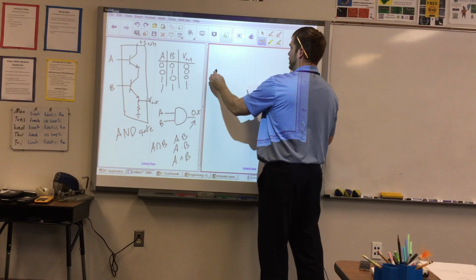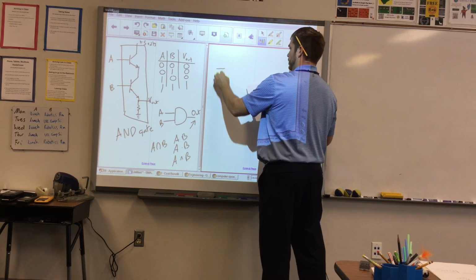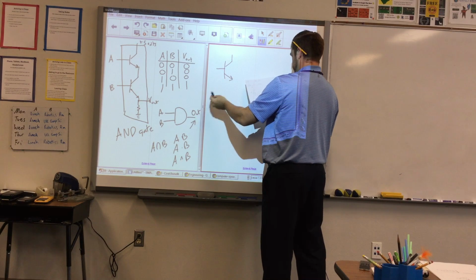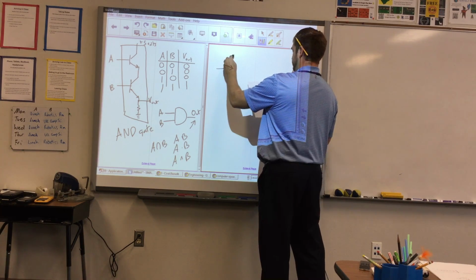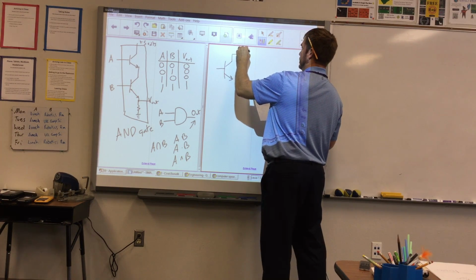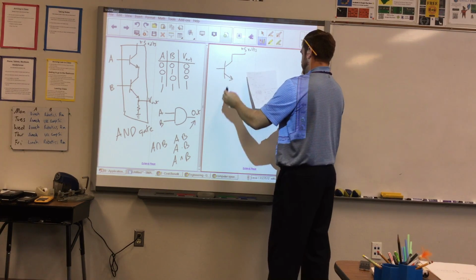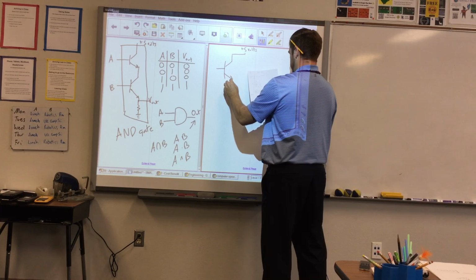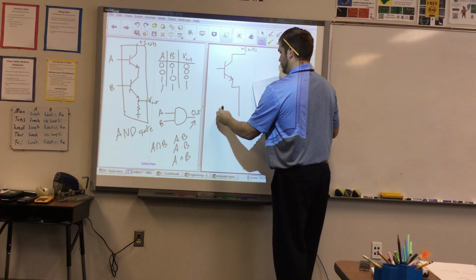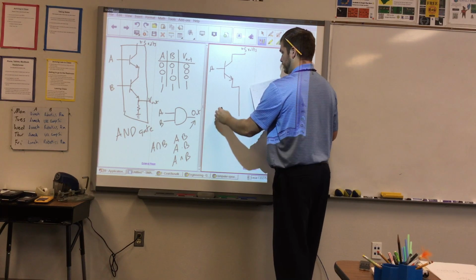Let me show you another way that you could wire something. So we've got plus 5 volts. Sometimes it'll be 6 volts, but that's not really important right now. Comes down here, and it goes right there. Then we've got, that's your A input.